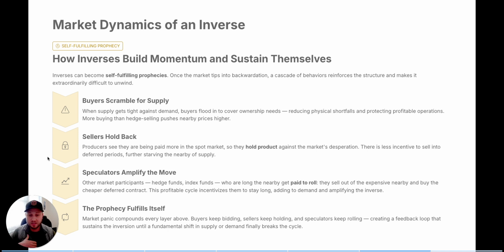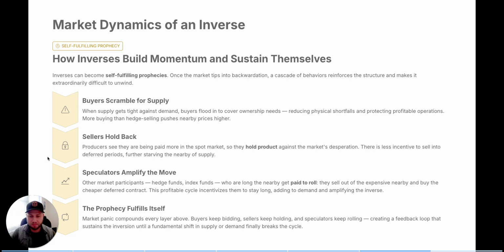And we'll get into this in another video as well, but about delivery economics, they'll be buying those futures as that hedge against rising prices and potentially having to take delivery. More adding to that demand pressure side and that self-fulfilling prophecy. What also happens is sellers hold back. Producers will see that they're being paid more in the spot market, so they hold the product against the market's desperation.